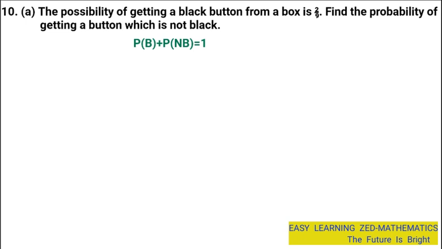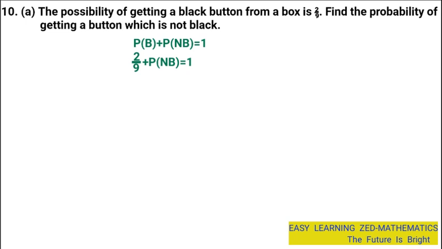So now here we are going to replace the probability of black with its value, which is 2/9, plus the probability of getting a button which is not black. We don't know that probability, so we're going to write plus that, which is equal to 1.